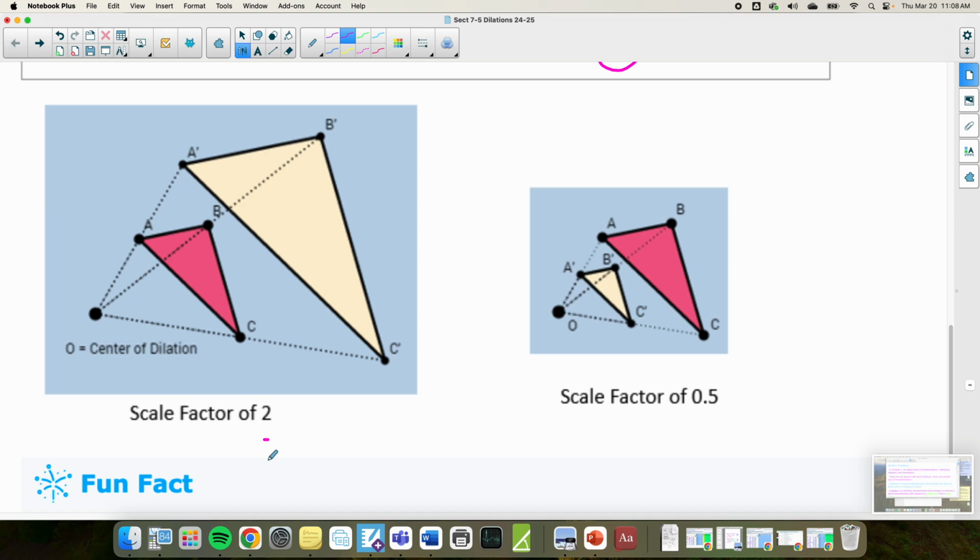If it's smaller, it's going to be smaller. And how they describe this, K is what they use for scale factor. And if your K is between 0 and 1, that means your figure is going to be reduced or smaller, okay? So the hot pink is your pre-image, the lighter one is your image, okay?